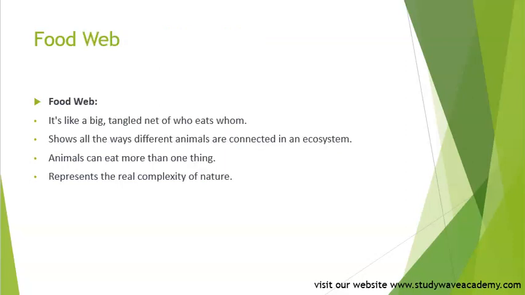Okay? Then the food web is more complex. It's like a big tangled net of who eats whom. It shows all the different ways animals are connected in the ecosystem. Animals can eat more than one thing.